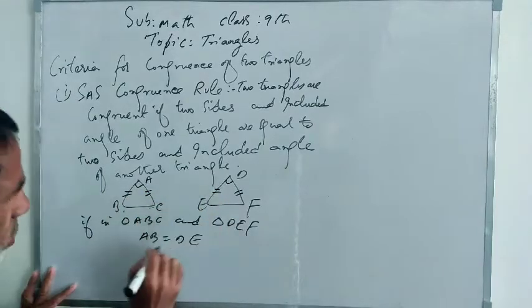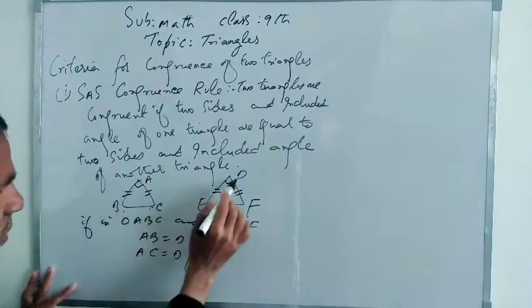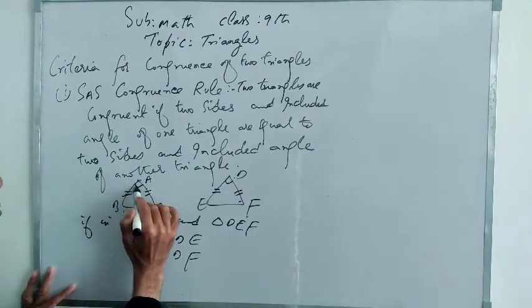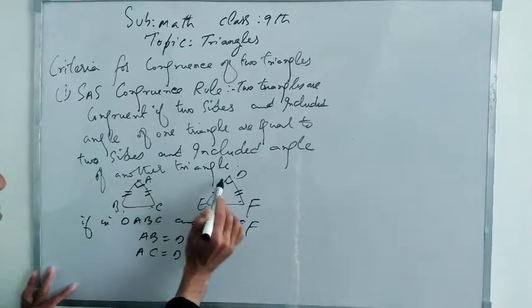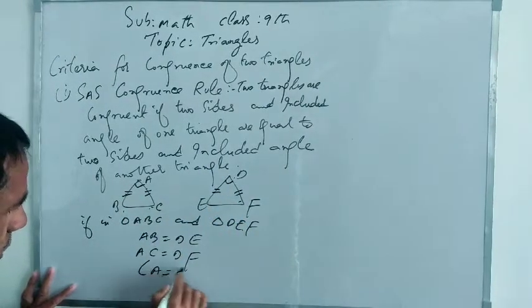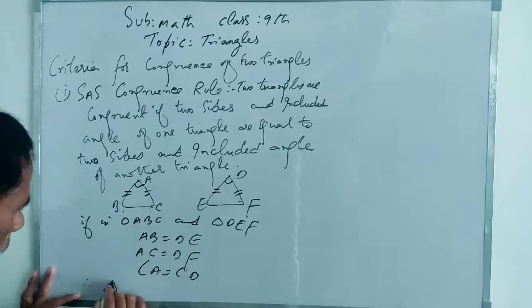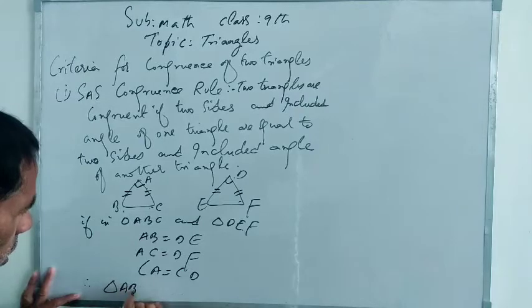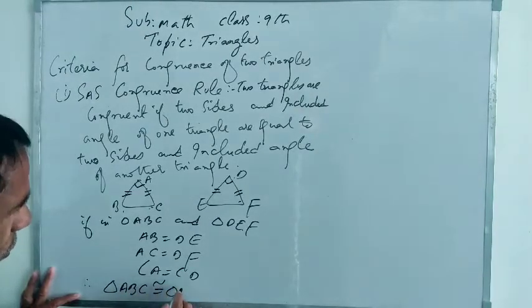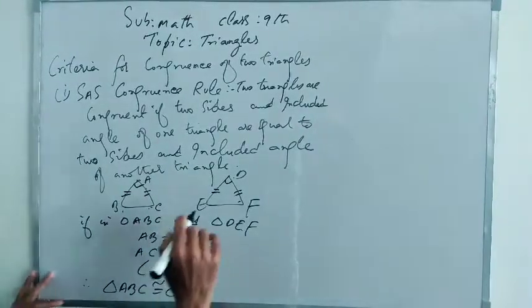If angle A is equal to angle D, then triangle ABC will be congruent to triangle DEF.